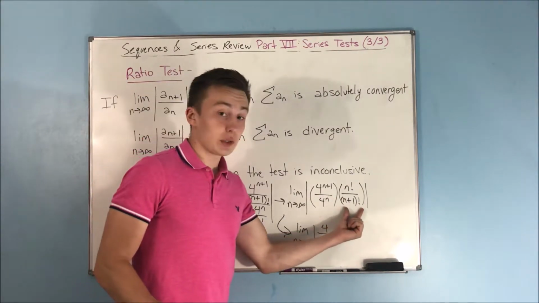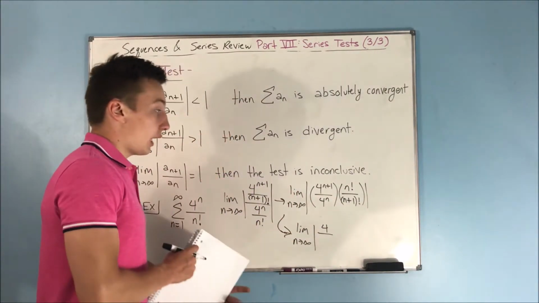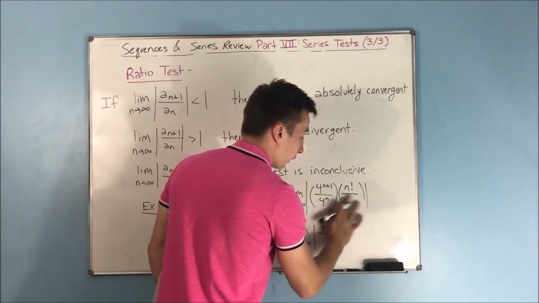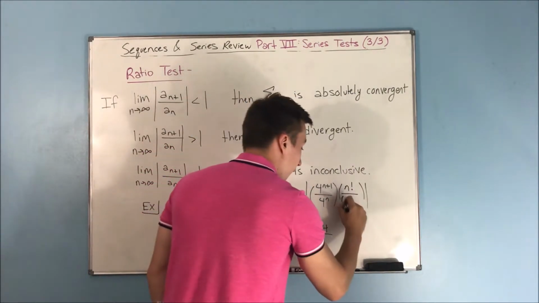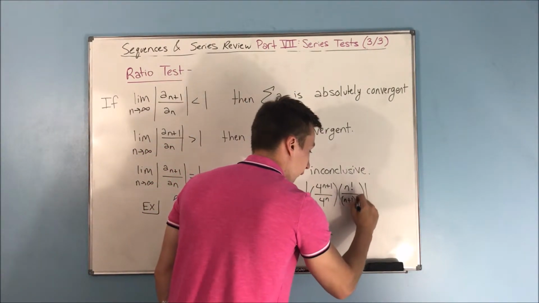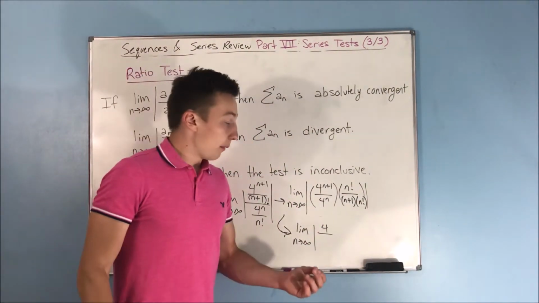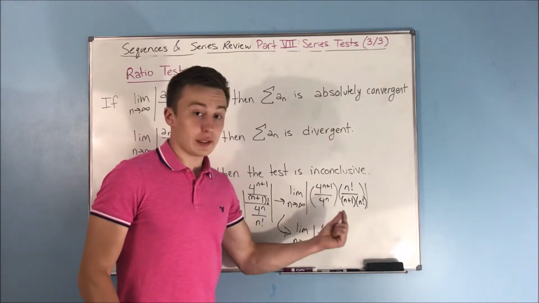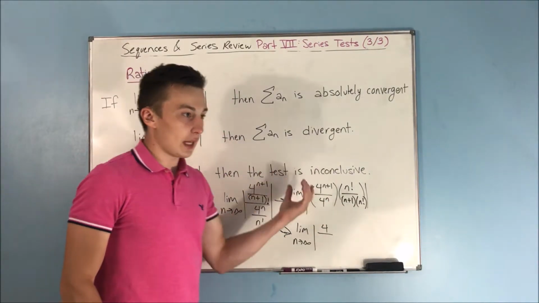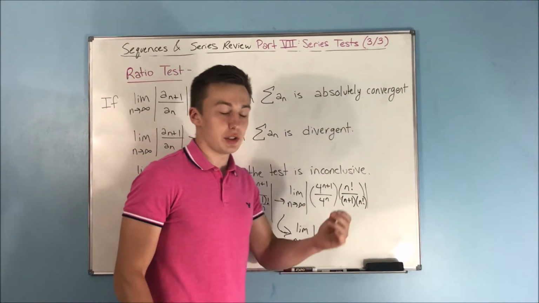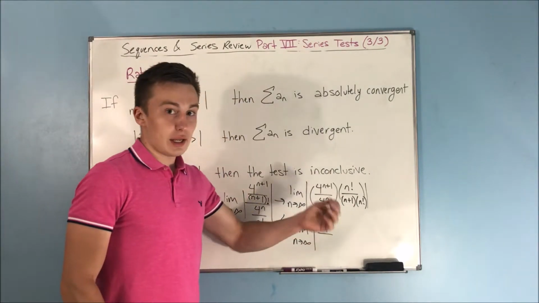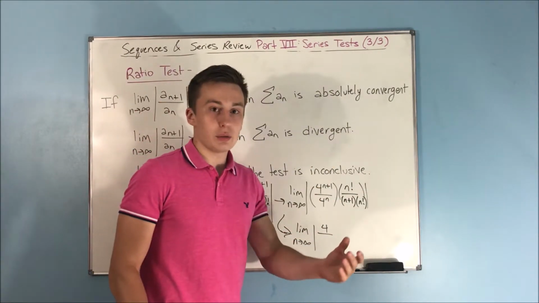Now, n plus 1 factorial is the same thing as n plus 1 times n factorial. Because n plus 1 factorial is n plus 1 times n times n minus 1 and so on, and n factorial is n times n minus 1 times n minus 2, and so on.